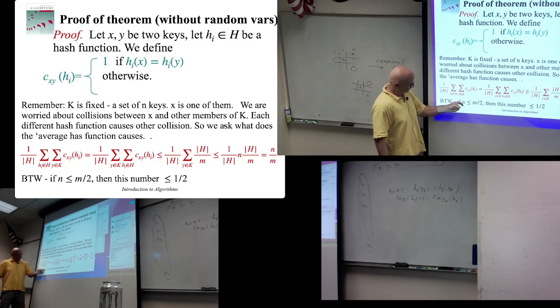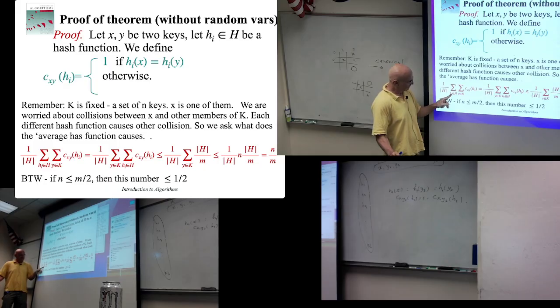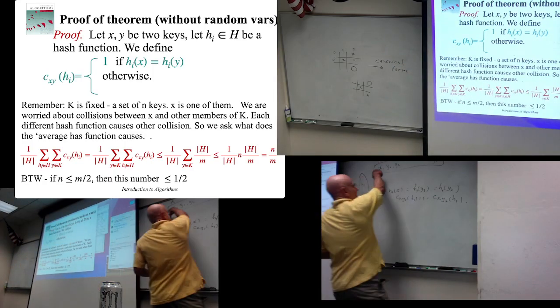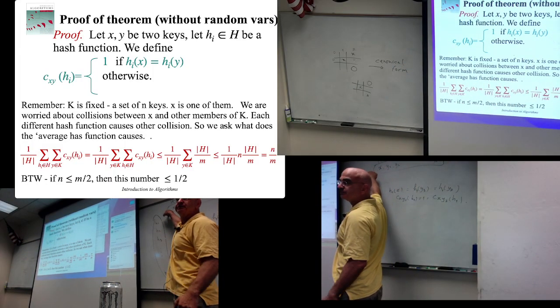So once again, I pick one of these functions, hi, keep it fixed for a moment, look at all the other keys y in K. You can limit yourself to only keys that are not x, and ask for this hash function hi, is there a collision, and I'm summing it up for all the keys over here.